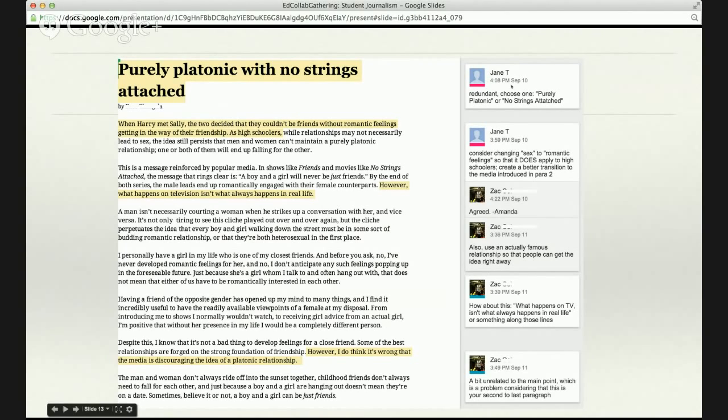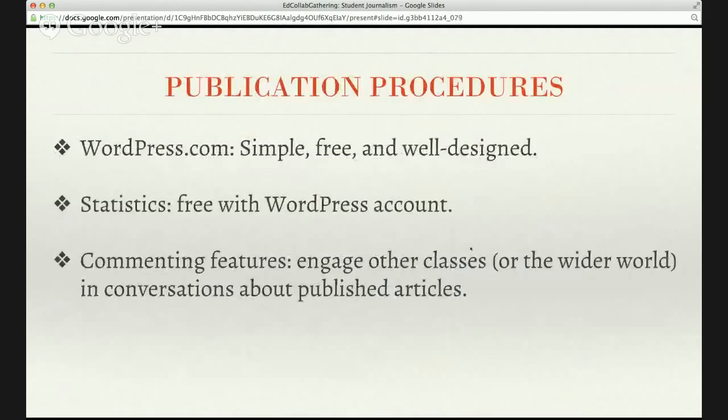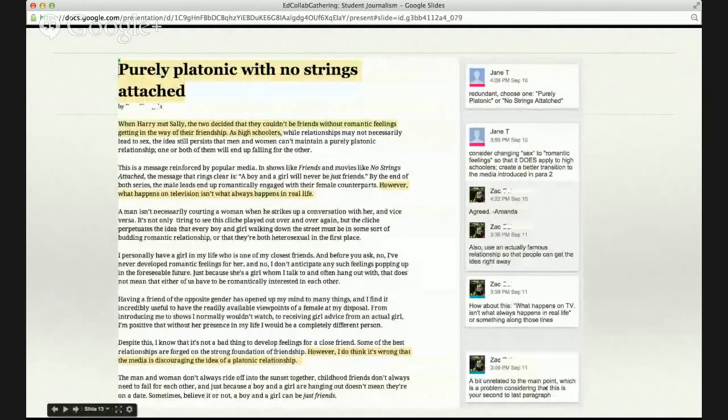And here are my editors on the side just arguing and advising about the real specific language of this piece and how to make it as good as it can possibly be. So this person is saying that the headline is redundant. Down here, this person is saying that that point is a bit unrelated to the main point, and that's a problem since it's the second to last paragraph. It should reiterate the last point.